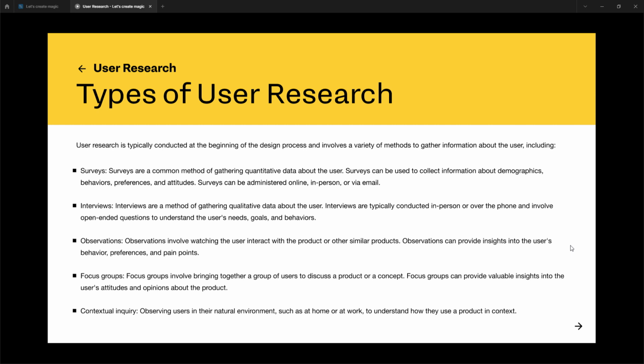Observations. Observations involve watching the user interact with the product or other similar products. Observations can provide insights into the user's behavior, preferences, and pain points. And when we talk about preferences, we're talking about certain things that the user finds more relevant to themselves in a particular product.